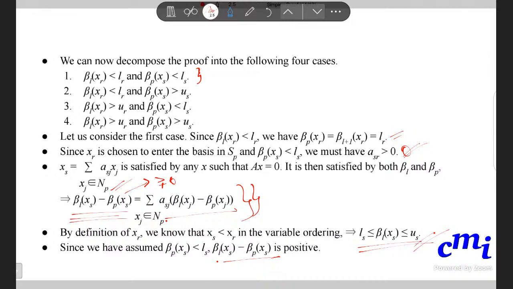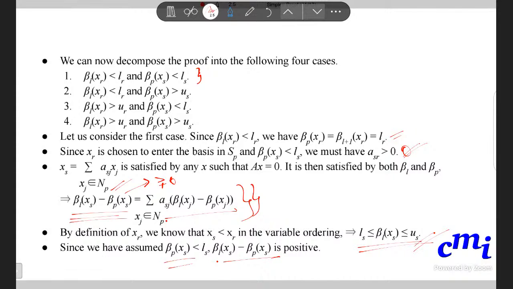So this is dependent on the case. Beta p of xs is from the case, and beta L of xs satisfies its bounds. Therefore this part is positive.